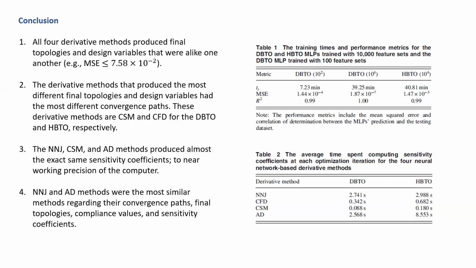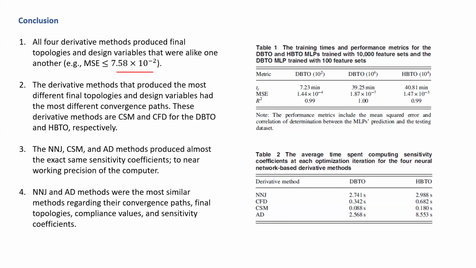So in conclusion, all the 4 derivative methods in this research obtain final topologies that are very close to each other, very alike. The mean square error, when we compare the difference in the density distribution, is pretty low.